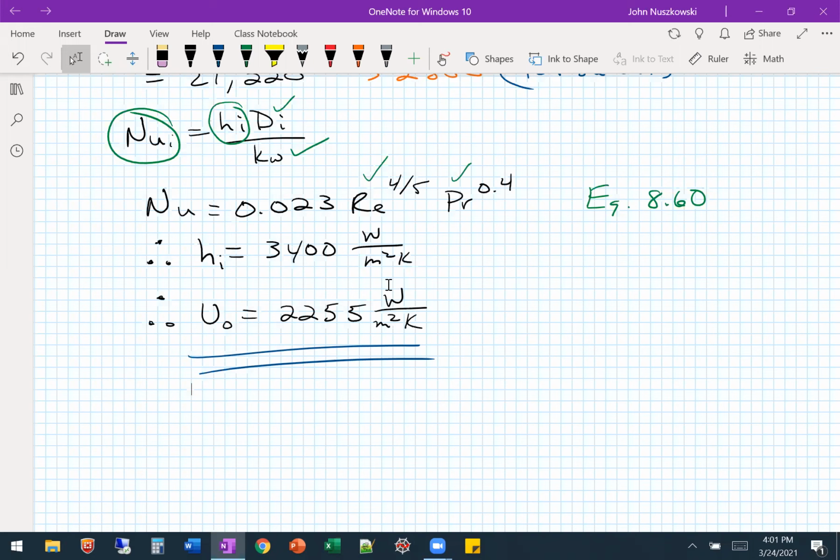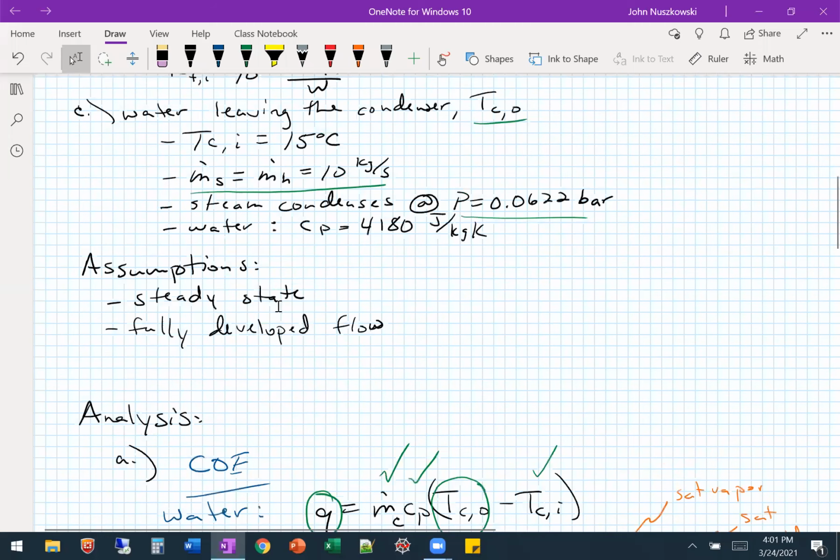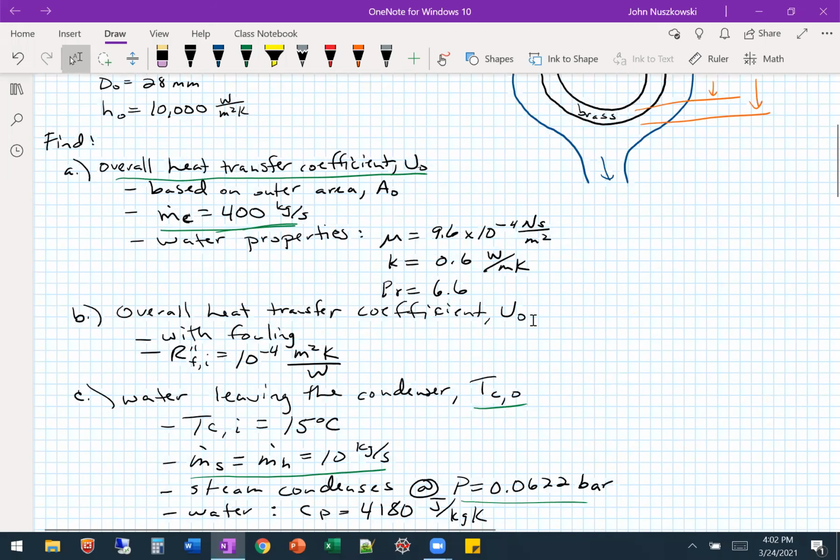All right, so any questions? That's part A. Part B is the overall convection coefficient now with fouling. All right, so if we go back up, we're looking right here now, right?